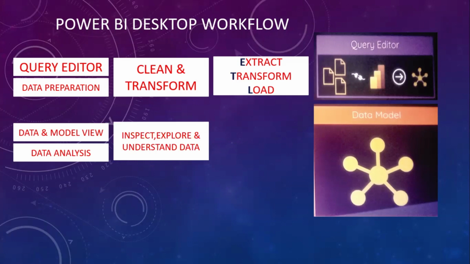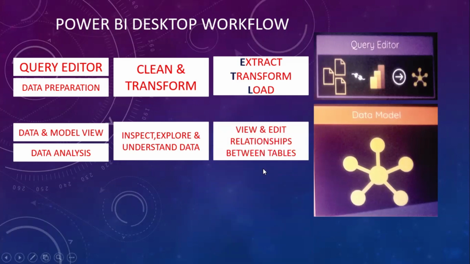You take a look at the data you're working with, inspect it well, try to understand what kind of data it is, what are the columns there, what are the rows, how many, from when to when is the data, how many years of data is that, and you just get used to the data. Then the next is for you to, of course, view and edit relationships between tables. That's what we call table relationships.